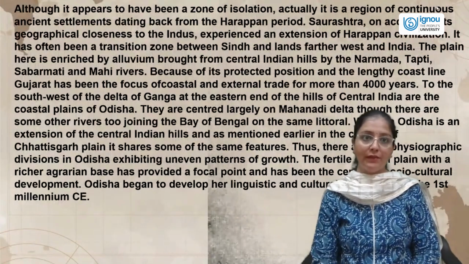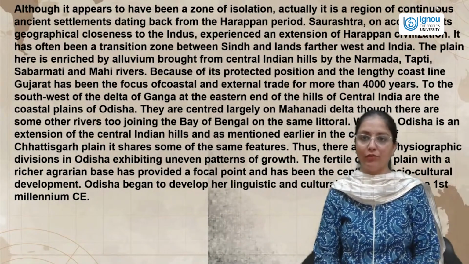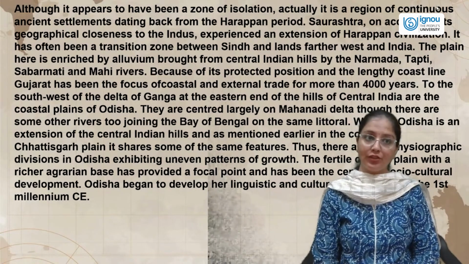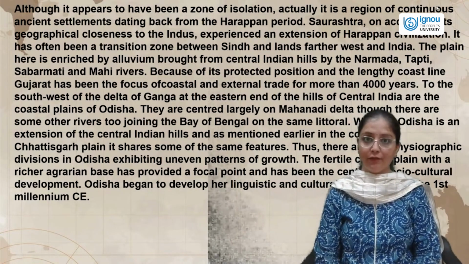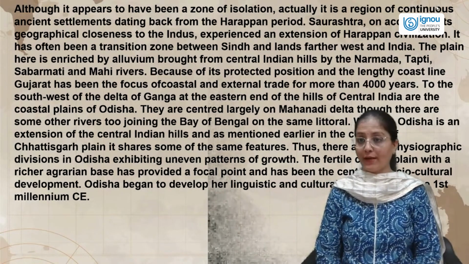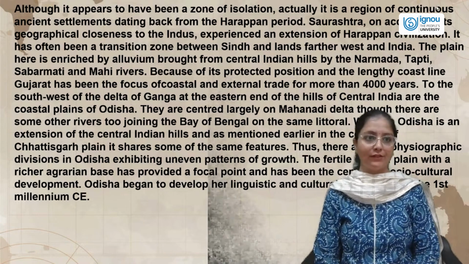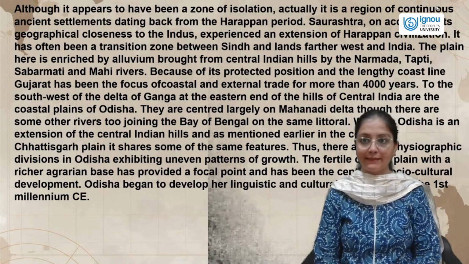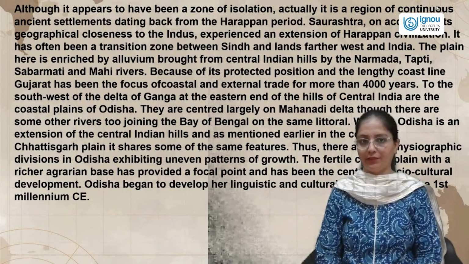Although it appears to have been a zone of isolation, actually it is a region of continuous ancient settlements dating back from the Harappan period. Saurashtra, on account of its geographical closeness to the Indus, experienced an extension of Harappan civilization.